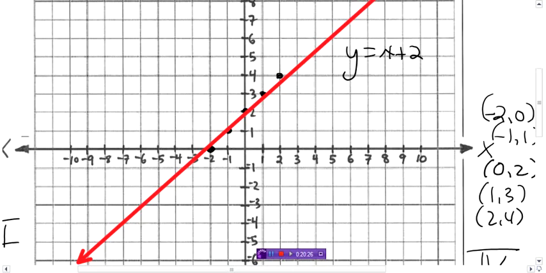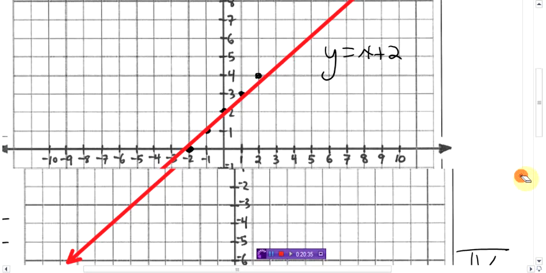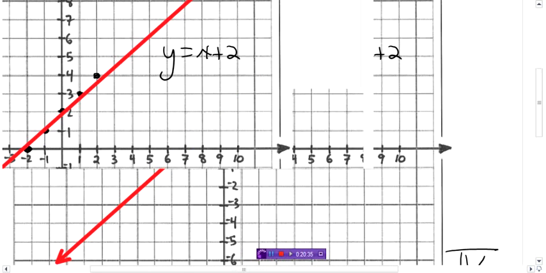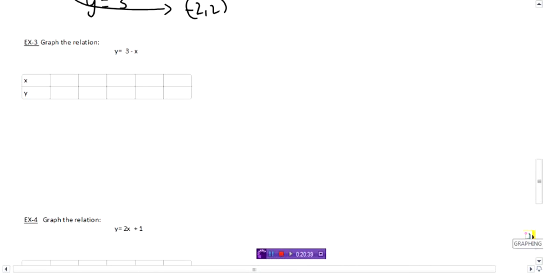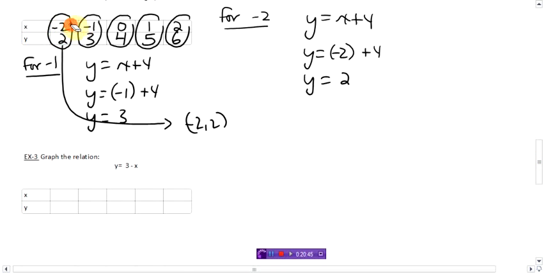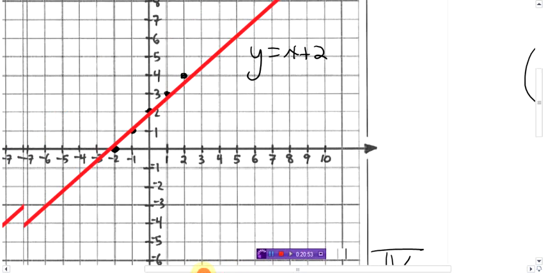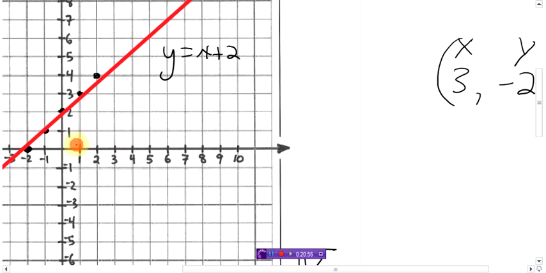And let me just clear this up a little bit. Come on, react a little faster here. And let's just jump right from the table and plot these points. -2, +2. So that'll be -2, +2, first point.